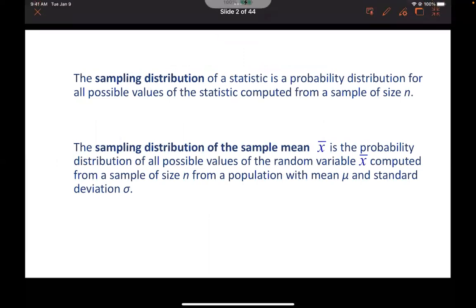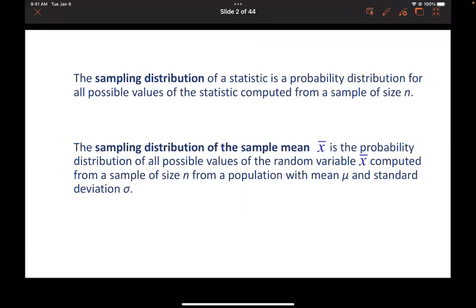What a sampling distribution is, and I have an example in a second, is we pick a sample size. So sample size 5 or 10 or 50 or whatever. And in a population, we would take all of the possible samples of that size.